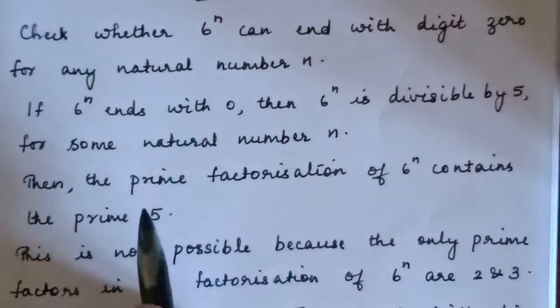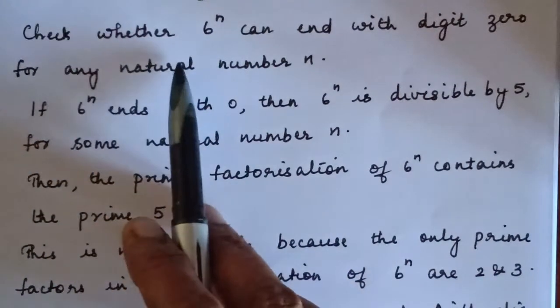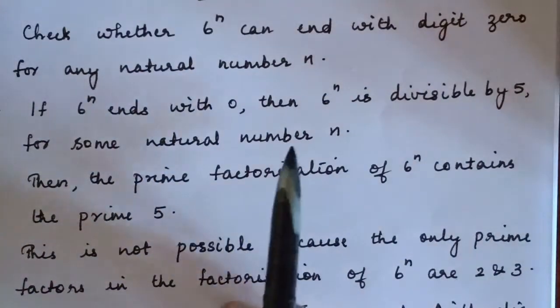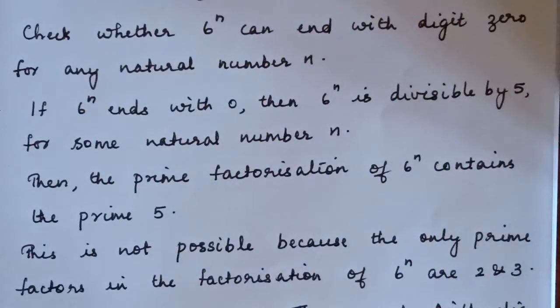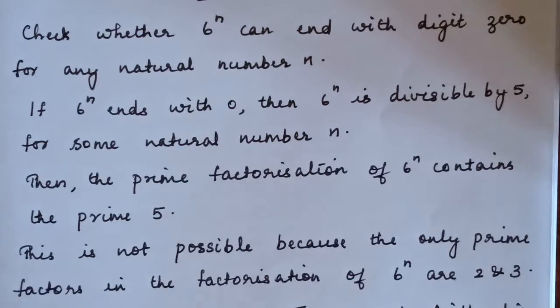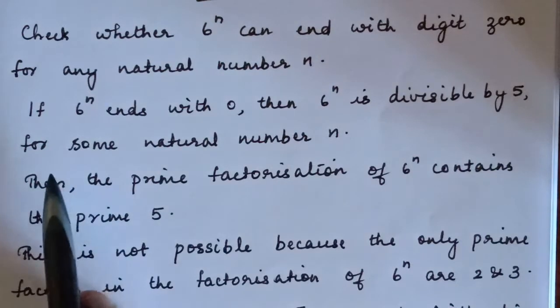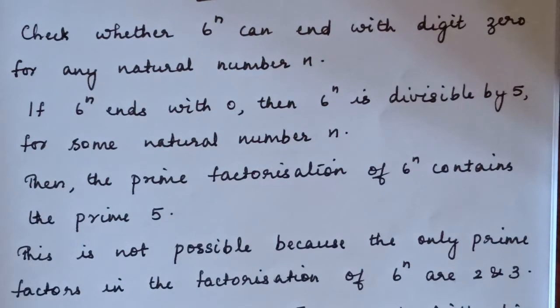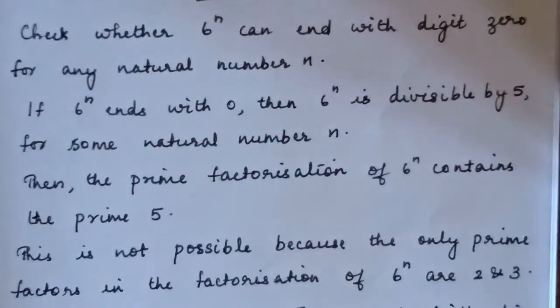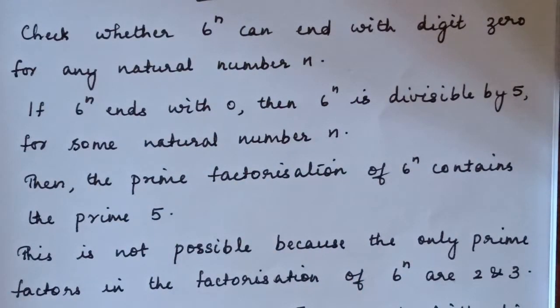Now we will see another question. Check whether 6 raised to n can end with digit 0 for any natural number n. This question is also an important question. We will see the solution of this. Here we have to check whether 6 raised to n, where n is any natural number, can end with the digit 0.